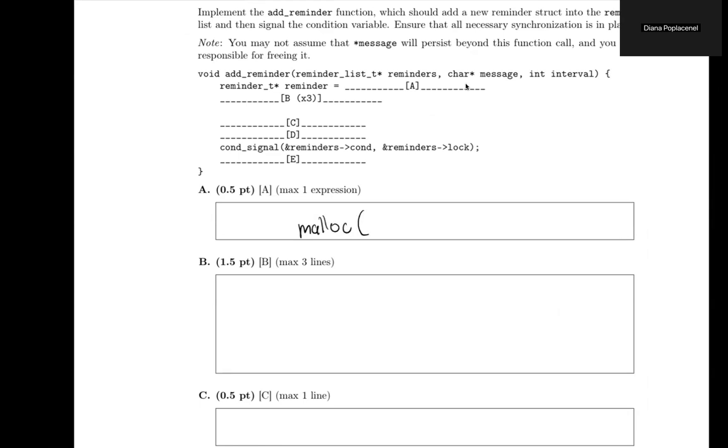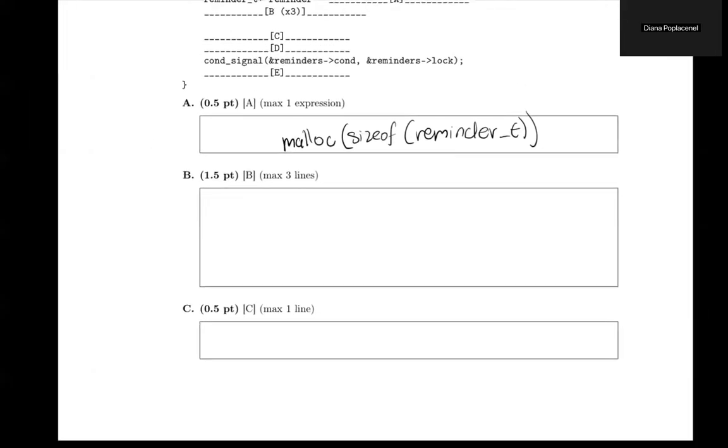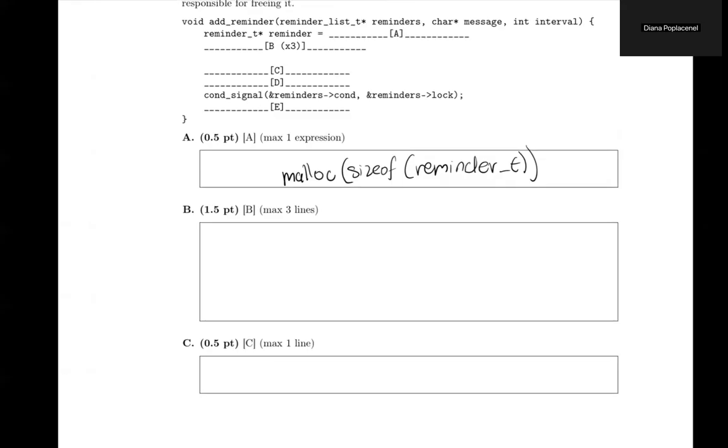The way we do that is with a call to malloc, and we're just going to pass in the size of the struct. So sizeof reminder_t. Okay, so now we see that reminder has 3 attributes.